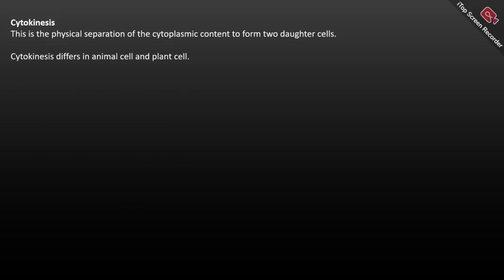In animal cells, it's done by the action of actin filaments. Now, these actin filaments form just inside the plasma membrane, at the metaphase plate. They're going to pull the center of the cell inward, something like this.